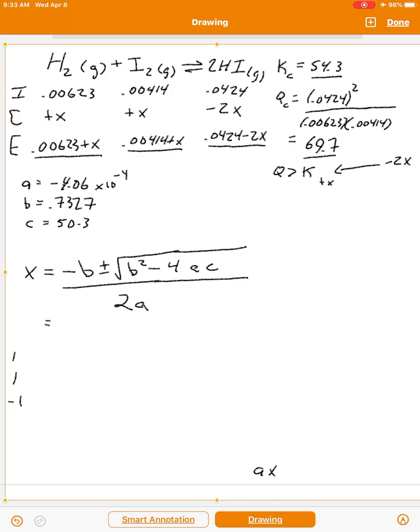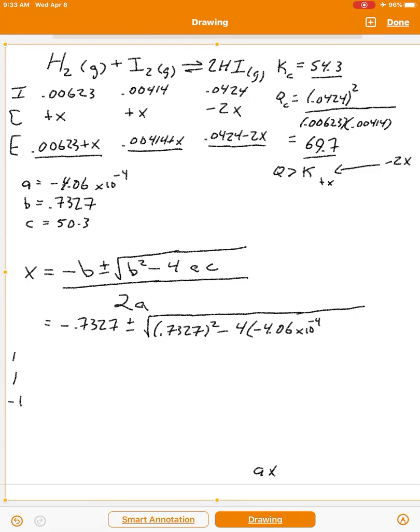So this would be equal to minus 0.7327 plus or minus the square root of b squared. So 0.7327 squared minus 4 times minus 4.06 times 10 to the minus 4.